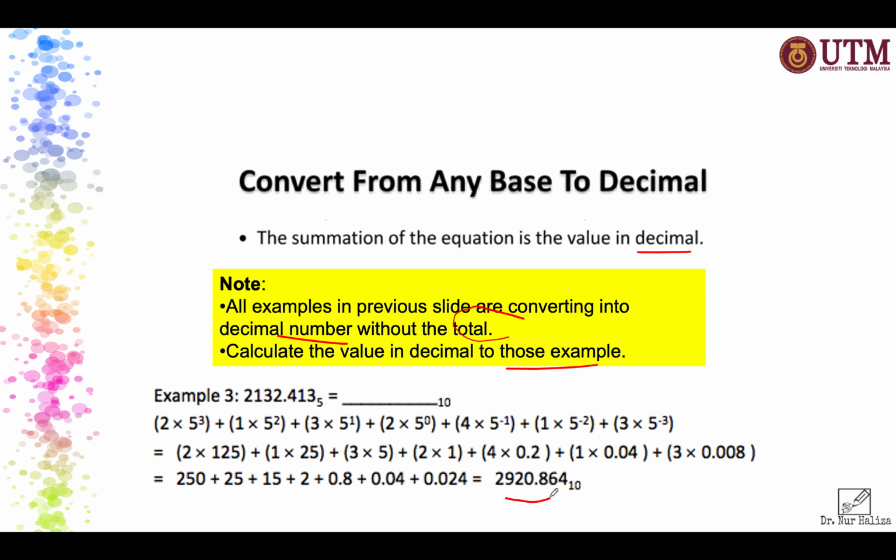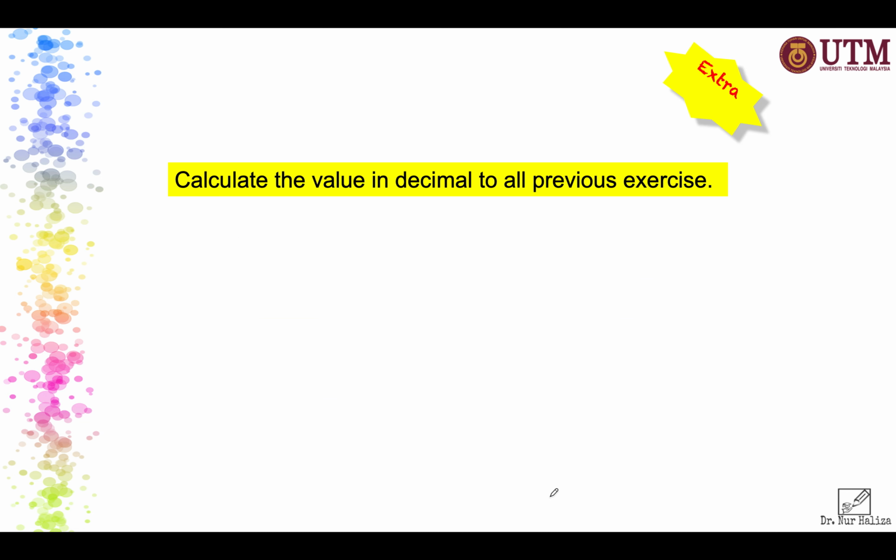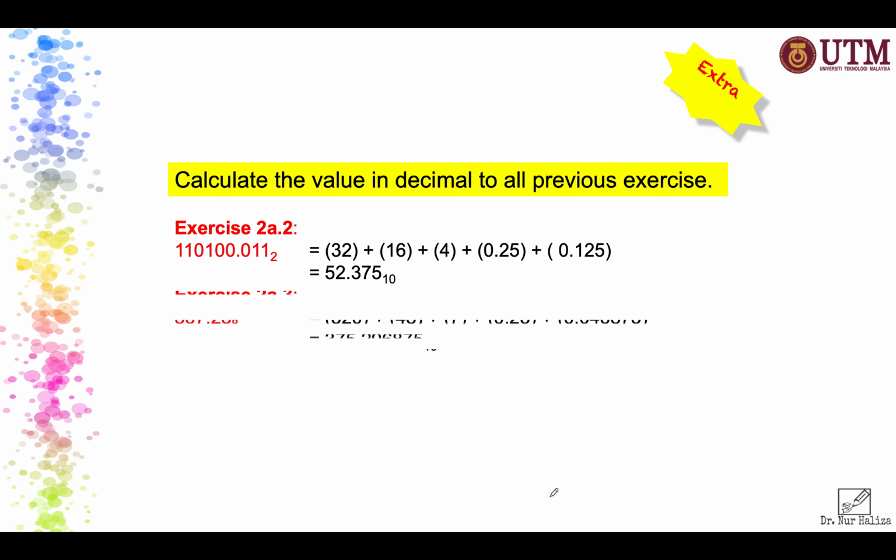For this one you will get the answer, but for the previous one you need to calculate or add it by yourself. So next, over here there is also another extra example that you can refer to.